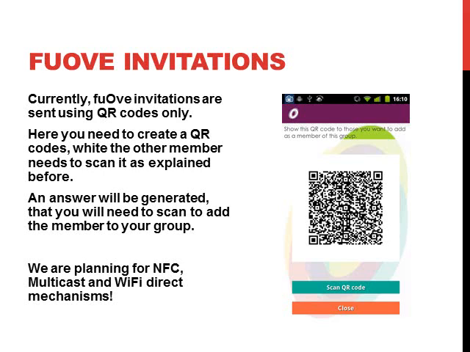After they scan the invitation, a pop-up will be displayed, so you can select whether or not to join the group. If you decide to join the group, then a reply will be generated, also as a QR code, and the owner of the group must click the scan QR code button, the green one, to add that member to the group. I know that this is maybe cumbersome at the beginning, so we are planning for NFC, multicast, and Wi-Fi Direct mechanisms.